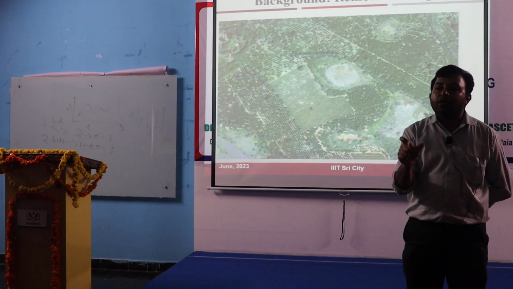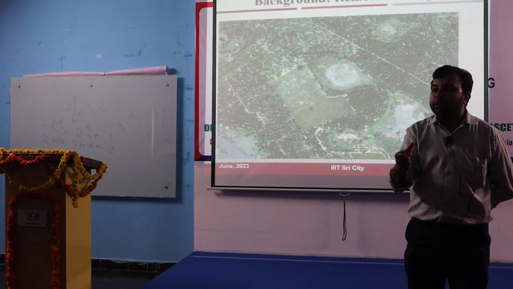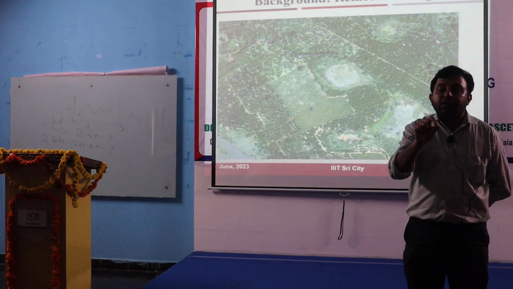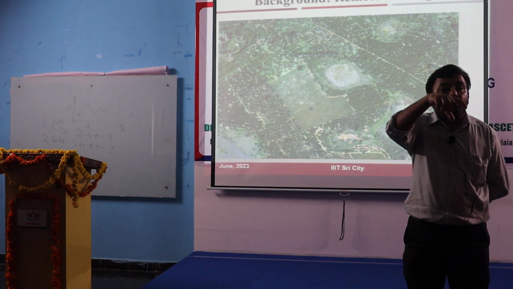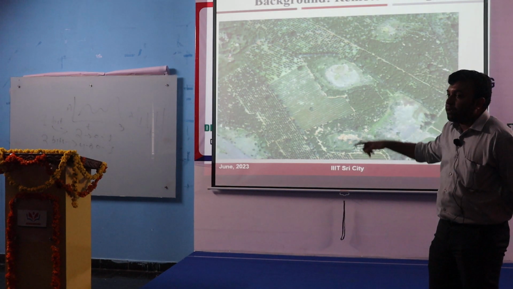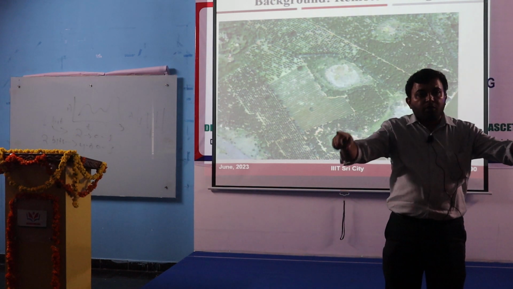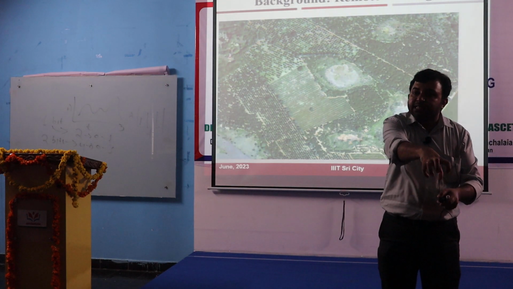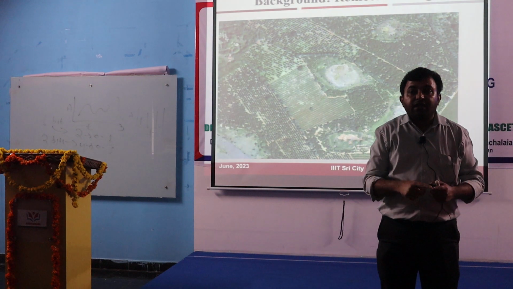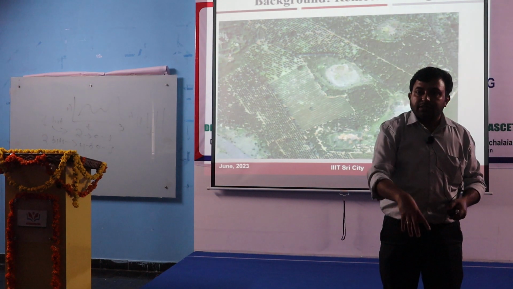We call it the spatial resolution, and it denotes how much area on the ground is being sensed by one pixel. That means, if I take one pixel, how much area on the ground is being sensed to get the energy for that pixel, or it's the size of the pixel with respect to the surface.